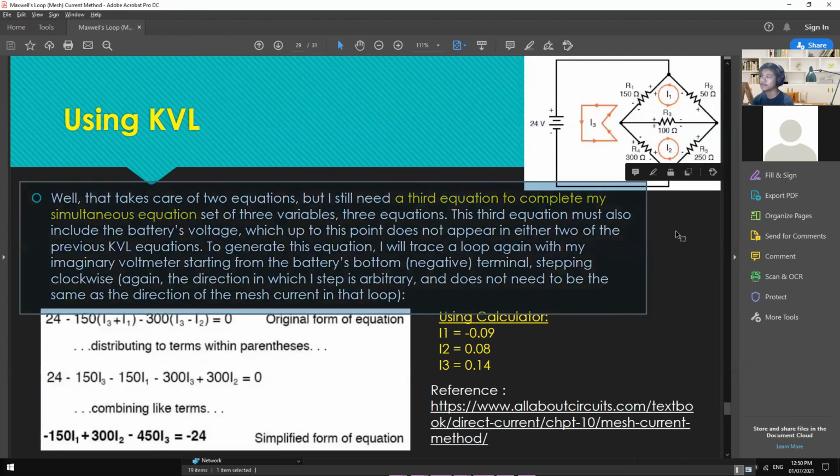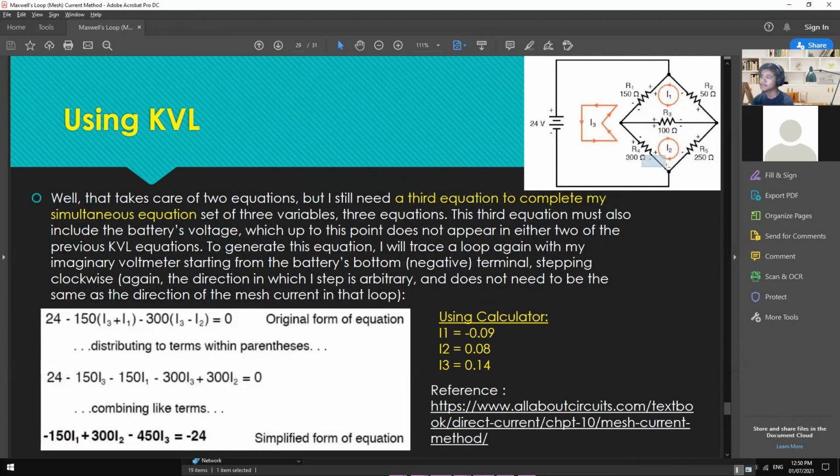And then negative 300, this symbol right here, negative 300 times I3 minus I sub 2 since they have an opposing flow of current. Then same process, just distribute this 150 and 300, then you will get this equation right here, and then you can combine similar terms, and it will give you this final equation for the I sub 3.